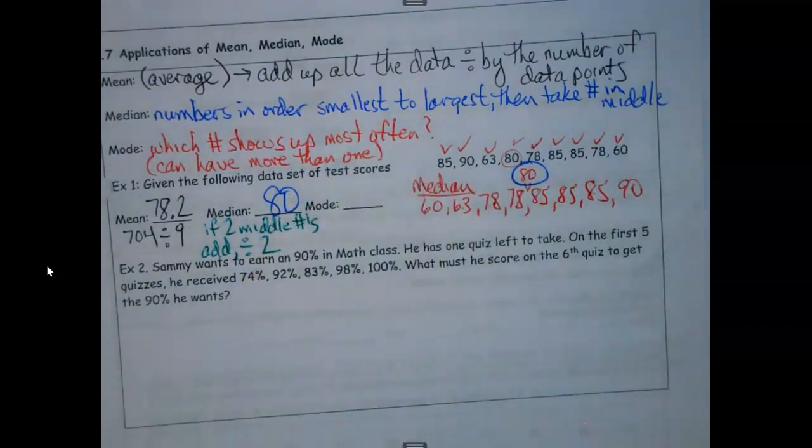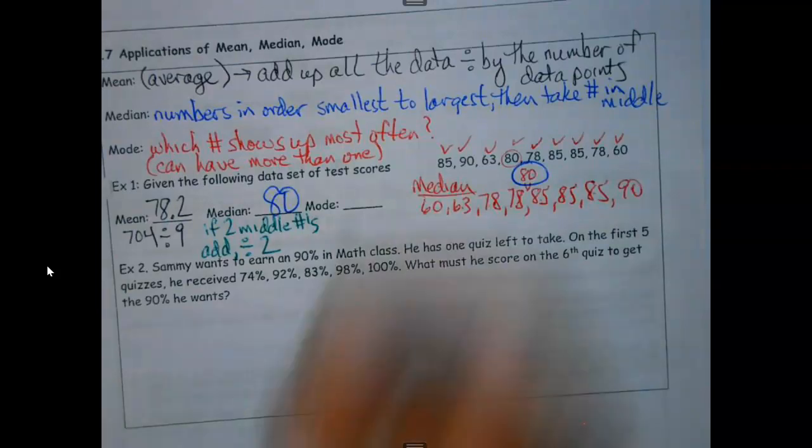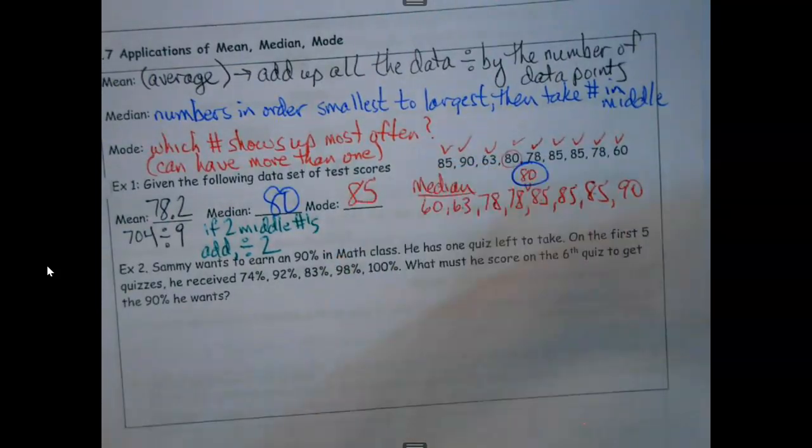So I start looking through my list, and this is easiest to do in my median list because everything's in order. So I'm like 60, oh, I got 2 78, oh, but I got 3 85s. So my mode here would be 85.